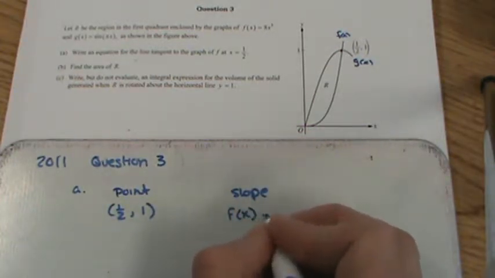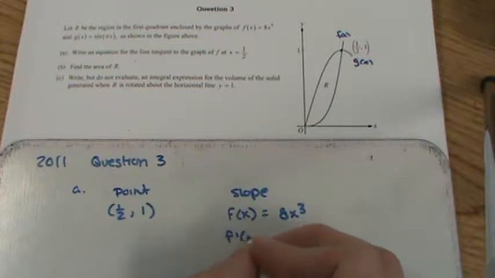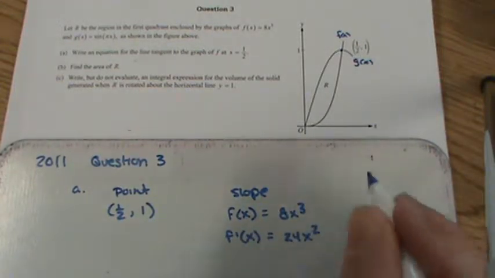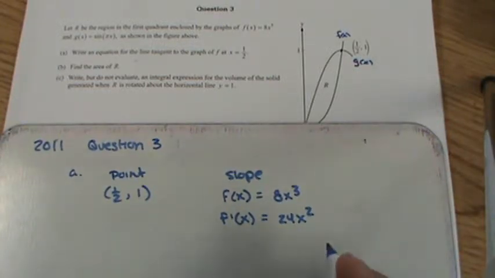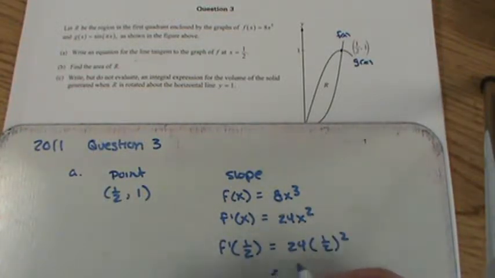So f of x was 8x cubed. F prime of x would then be 24x squared, and we're going to put in 1/2 for that to find our slope. So 24 times 1/2 squared, well, that's going to be 24 times 1/4, which is going to give us 6.